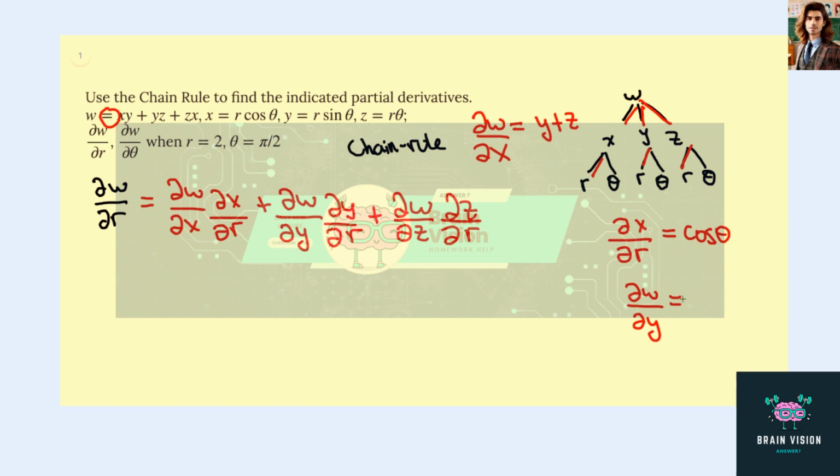Derivative of W with respect to Y. And we have a few more to go here. We need dW over dZ, and that'll be Y plus X. And then dZ over dR, that'll be theta.